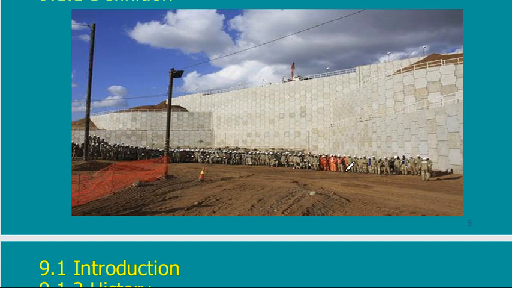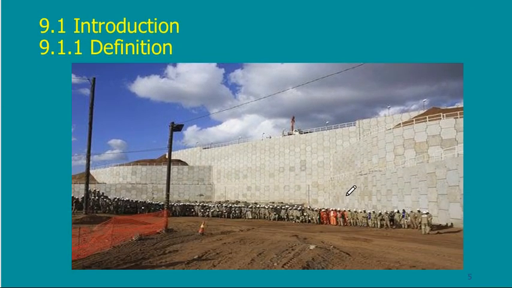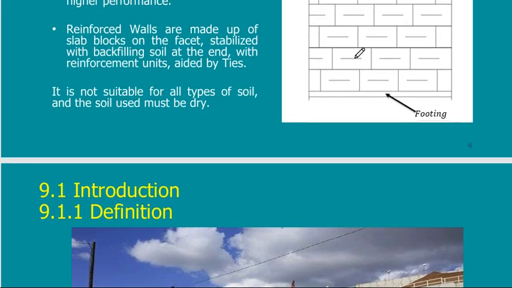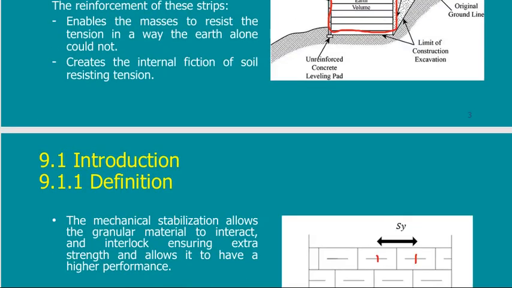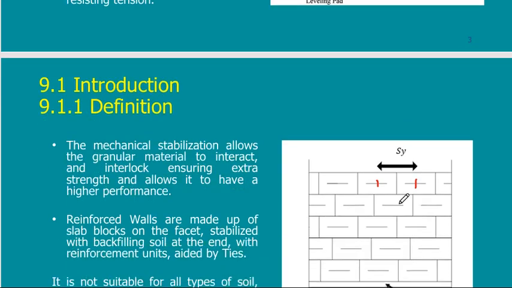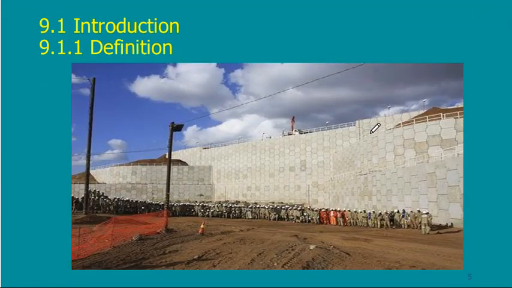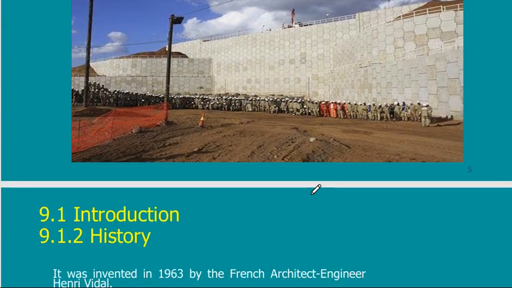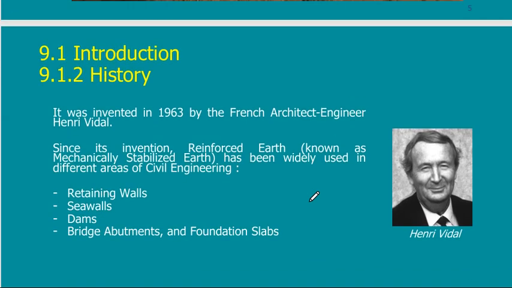So a wall of height of 12 meters, and it is very cheap. Why? Because it's just made of facing and few strips, and I'm using the soil to be my wall. If I use a similar reinforced concrete wall, it will be a huge construction and it will cost a lot. So this is just for the information.